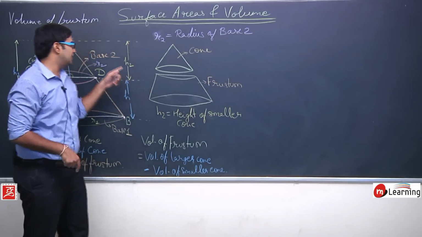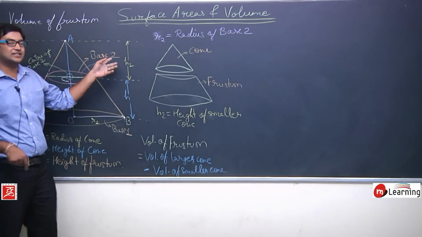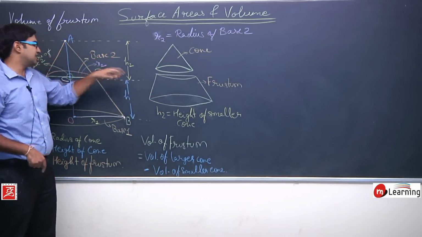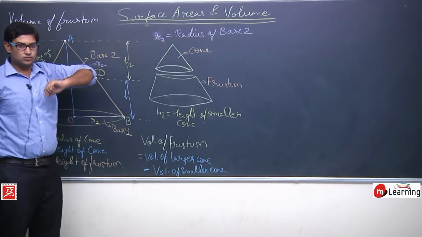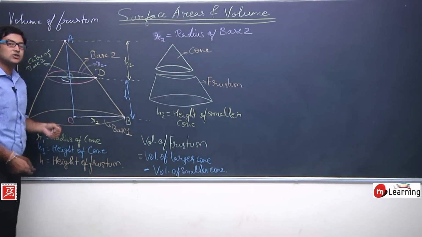That's why I have defined the height of the smaller cone as h2, and the base radius of the smaller cone, which is the same as that of the frustum, is r2. Now let us solve this.